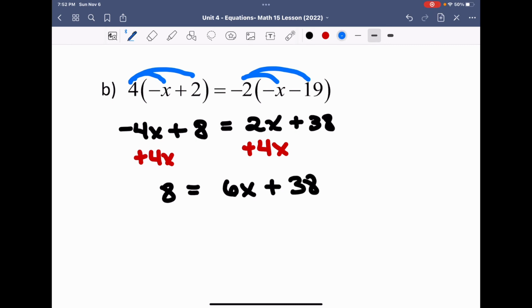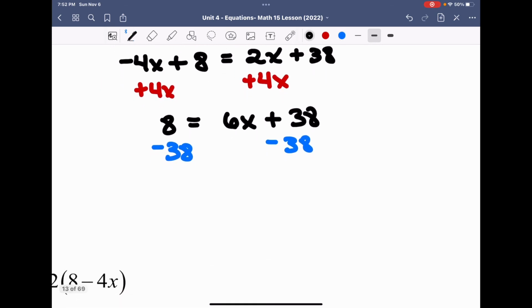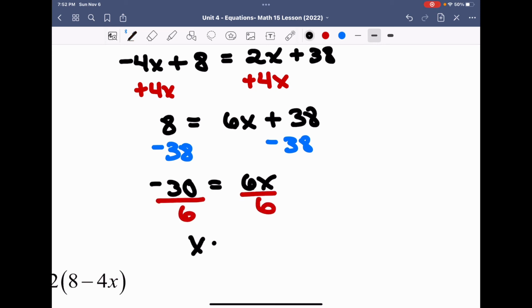And now I subtract away the 38. This is going to give me 8 minus 38 is negative 30 is equal to 6x. And now 6 is being multiplied to x, so I divide both sides by 6. And therefore, my x is equal to negative 30 divided by 6, or negative 5.